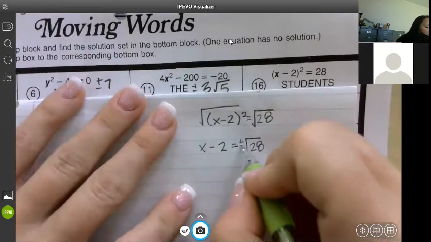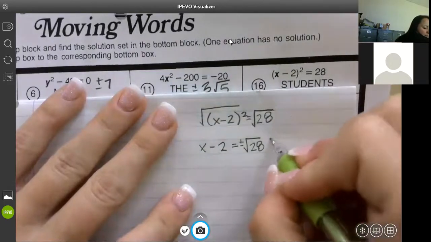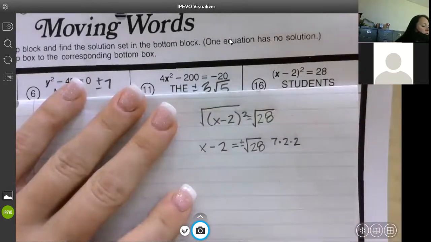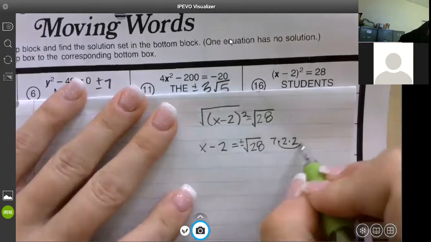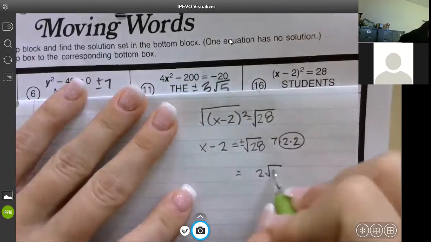And remember, this is a plus minus when I take the square root. What are your factors of 28? Because this is not a good one. What can I multiply together to get 28? And 4 is 2 and 2. So I have a pair of 2s. I left a 7.